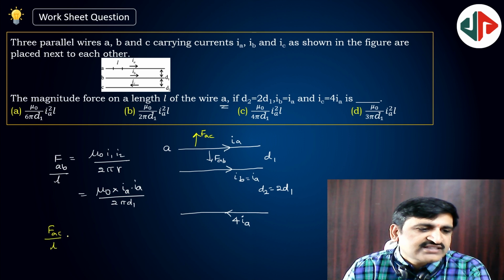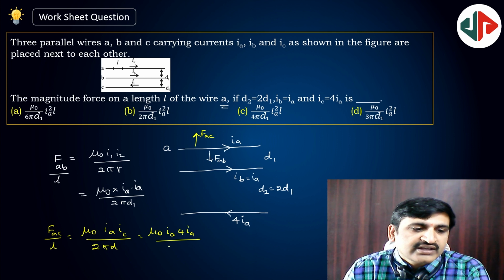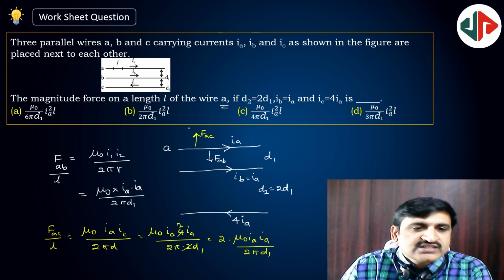FAC by L is equal to mu naught IA IC by 2 pi into the distance, which is equal to mu naught IA 4IA by 2 pi into 2d. So this 2 will go 2 times. So this is 2 times mu naught IA IA by 2 pi d1. That means this force is 2 times of this one.